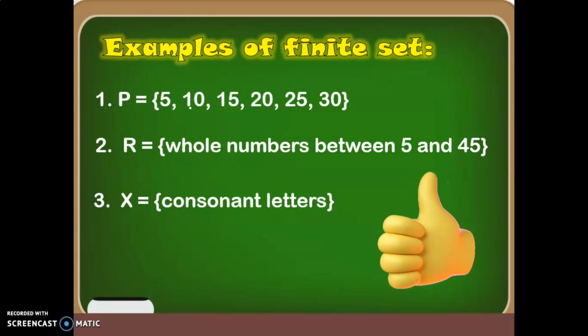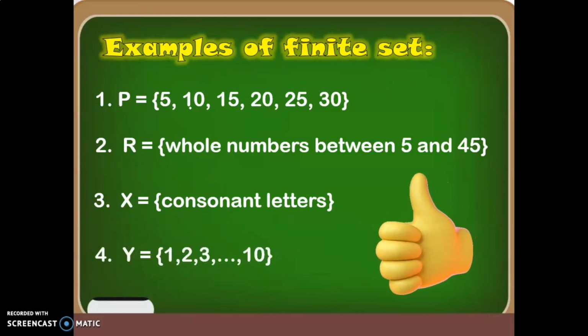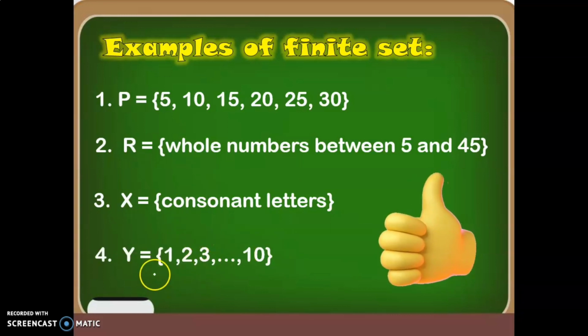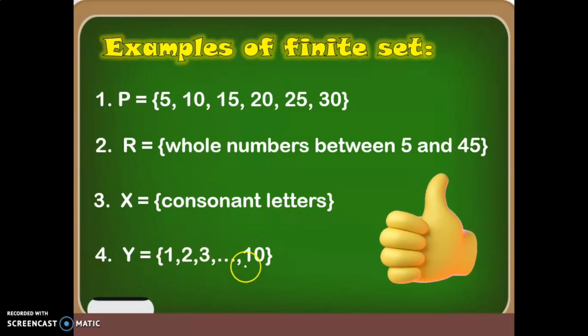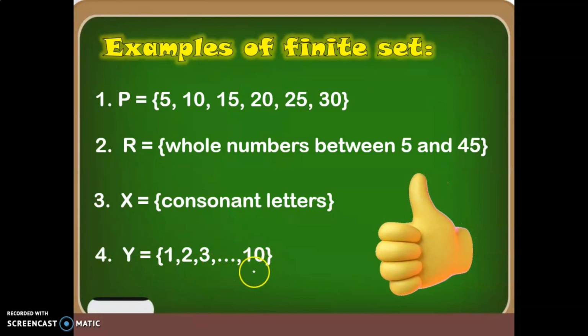Another example, set X is the set of consonant letters. So we all know that there are 21 letters which are consonants, and since we can count the consonant letters, it is considered as a finite set. Another example, set Y, which includes 1, 2, 3, then we use ellipses, and then 10.